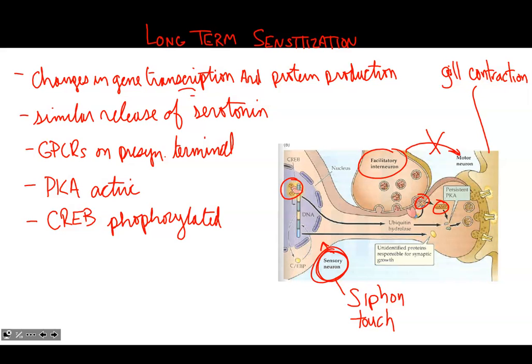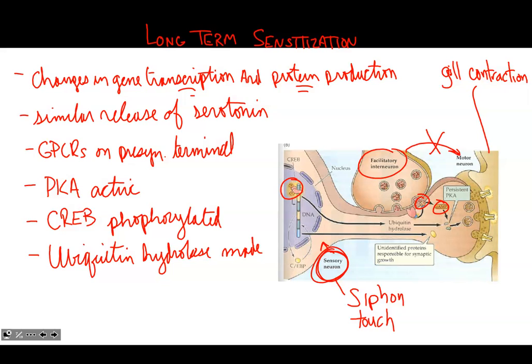Followed by changes in translation, so we get increased protein production. The protein that gets produced is one called ubiquitin hydrolase. So ubiquitin hydrolase, this enzyme is made. So its concentration goes way up in the cell, right?